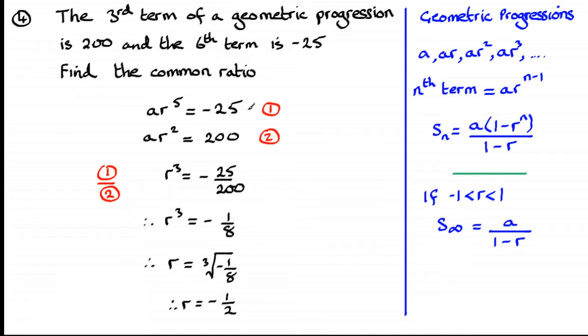And then the third term was 200, so ar^2 = 200, and then I divided my equations. That meant that the a's cancelled, leaving me with r^3 = -25/200, which gave me r^3 = -1/8, and I could take the cube root to get r. If you take the cube root of -1/8, you get r = -1/2. So there you go, r = -1/2.